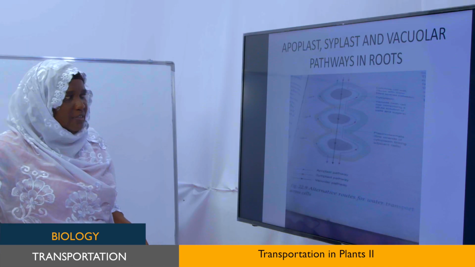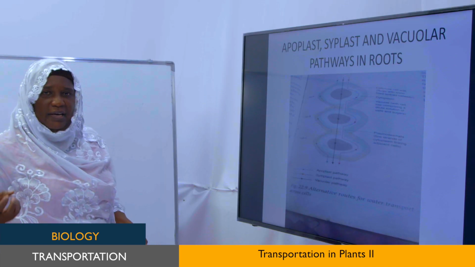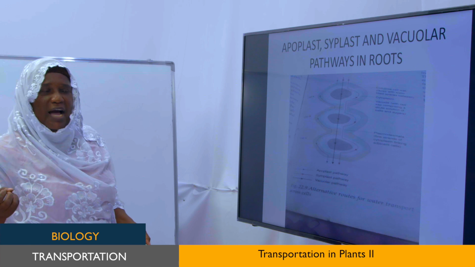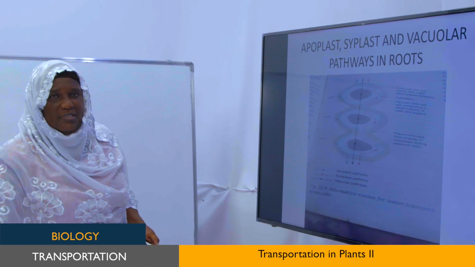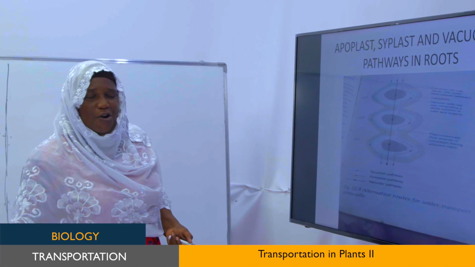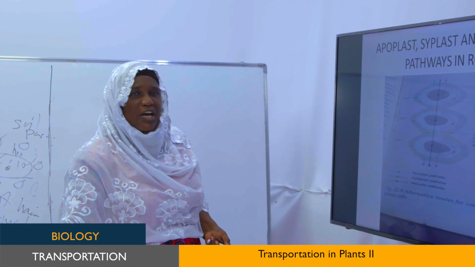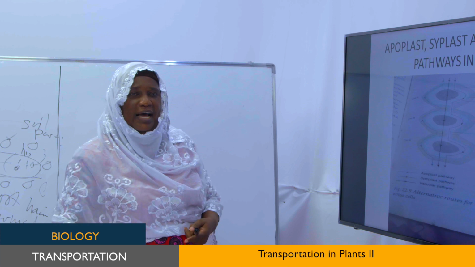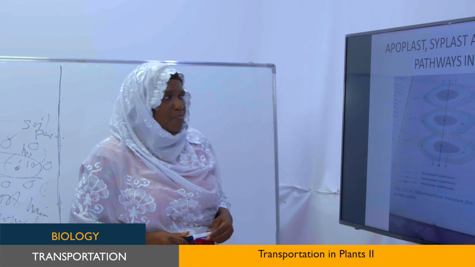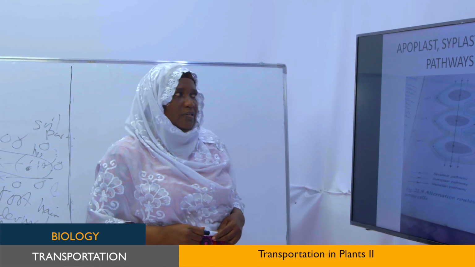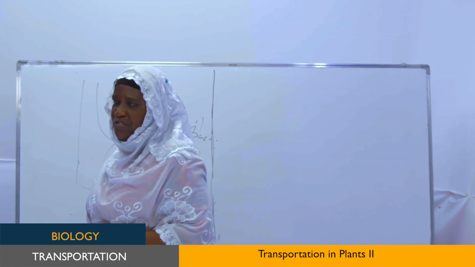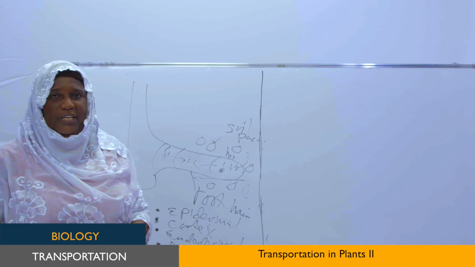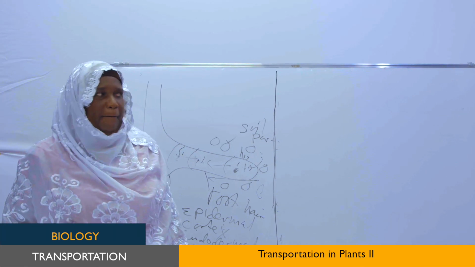Therefore, when the xylem receives mineral salts, its concentration becomes high and its water potential becomes low. In so doing, it is easy for water to enter the xylem vessel. So, those are the ways through which water can be transported across the root.